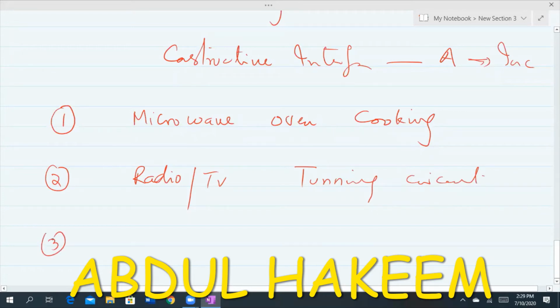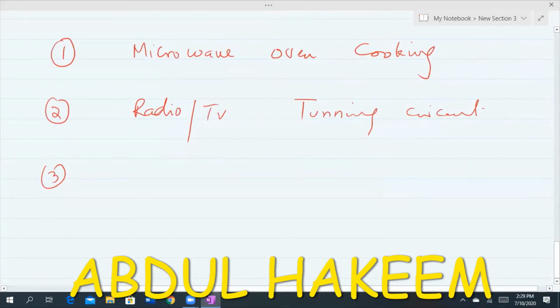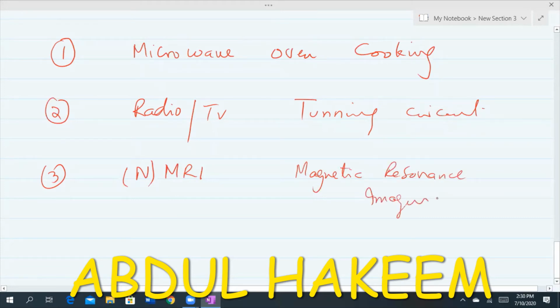Number three, it is also used in MRI, which is called magnetic resonance imaging. So resonance is useful in microwave oven cooking, radio tuning circuits, and MRI, magnetic resonance imaging.